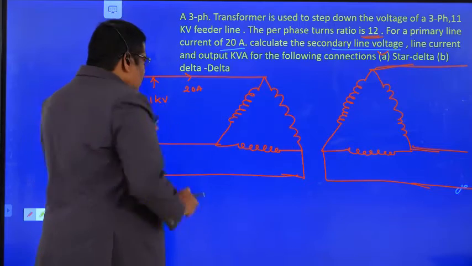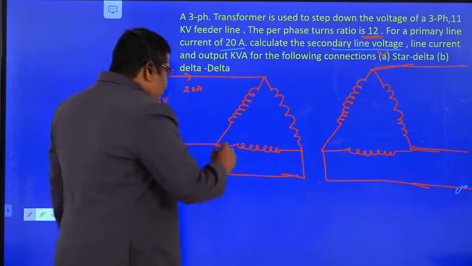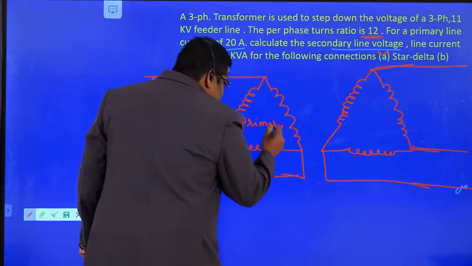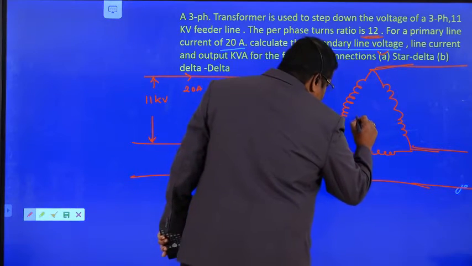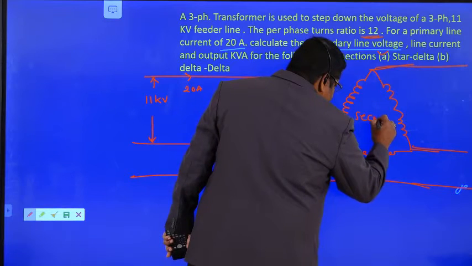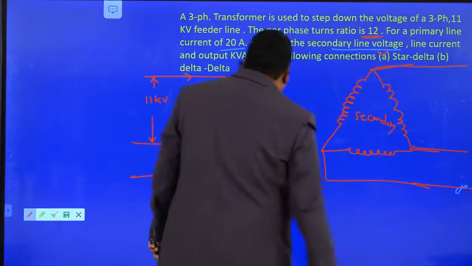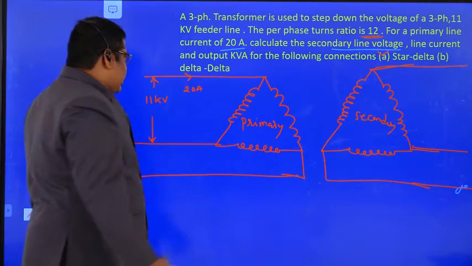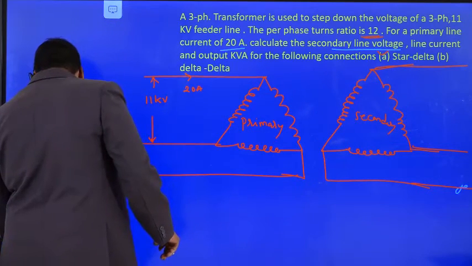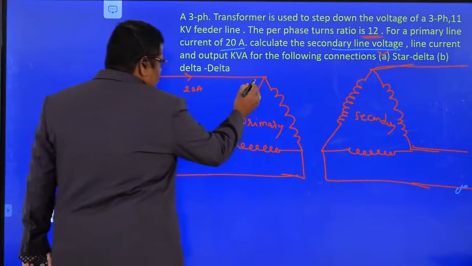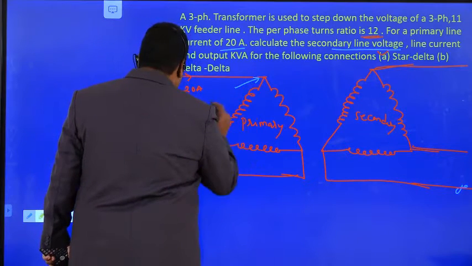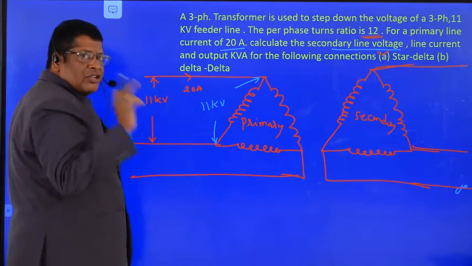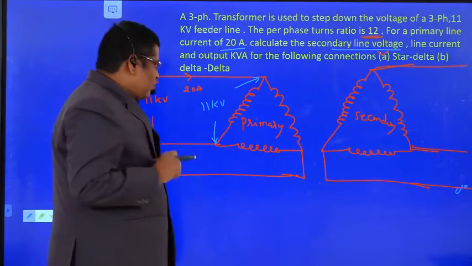This primary winding is connected in delta, and the secondary is also connected in delta. When the primary is connected in delta, the phase voltage is equal to the line voltage, nothing but this voltage. This voltage is also 11 kV, the voltage across one winding, nothing but the phase voltage.